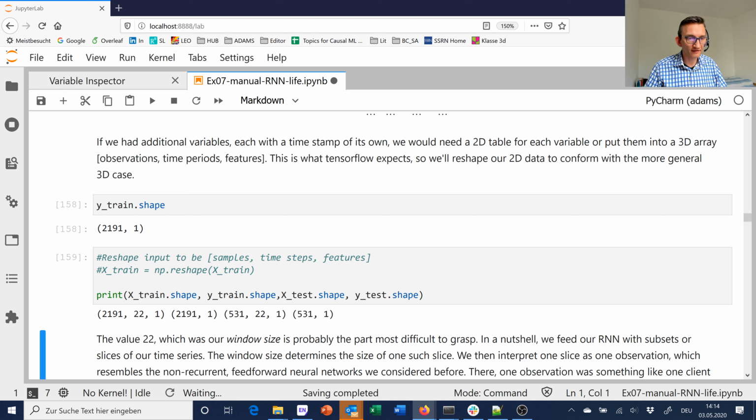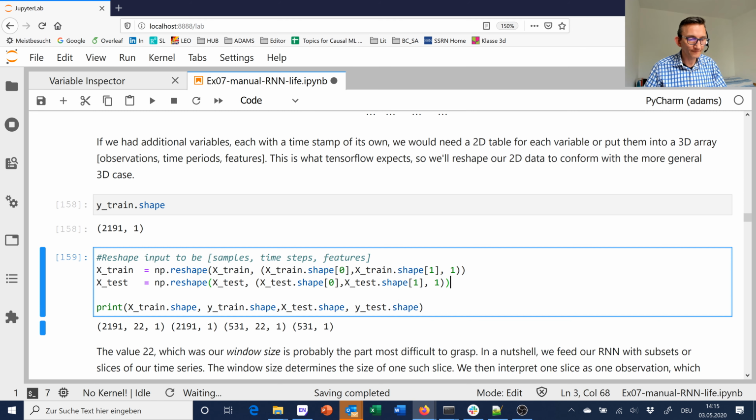That's, for instance, here the code. Let me just copy paste that to find in the tutorial. Numpy Reshape, training and test set, where we enter tuples of the number of observations. And the next bit is the number of covariates, which is equal to our window size.